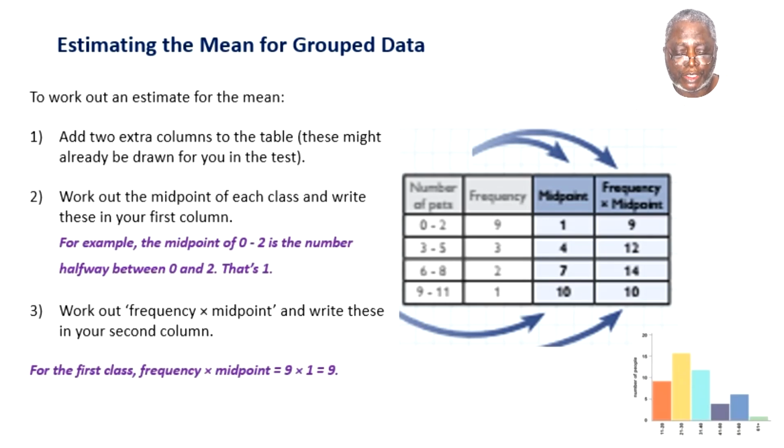So watch that. You're always given the number of pets, you're given the frequency. And you can see the grouping, that the classes have no overlap. The frequencies are the numbers you have to work on. Then, to group them, you have to find the midpoint, and then you multiply the midpoint by the frequency.